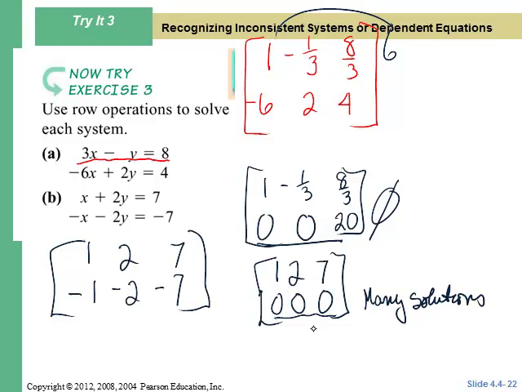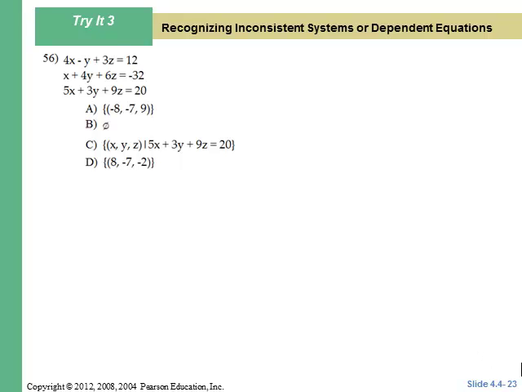And in fact, we would have the set of x, y such that x plus 2y equals 7. Remember, that's how we're supposed to write those when we get that kind of solution. All right.